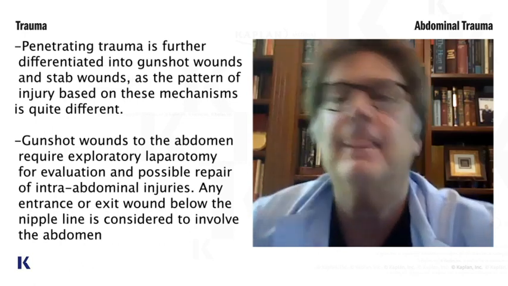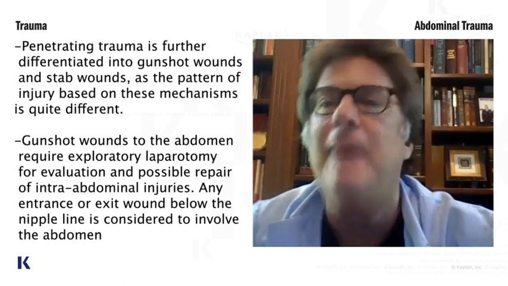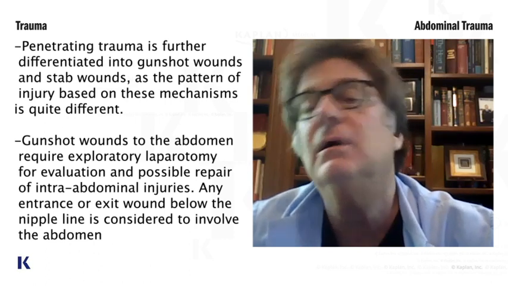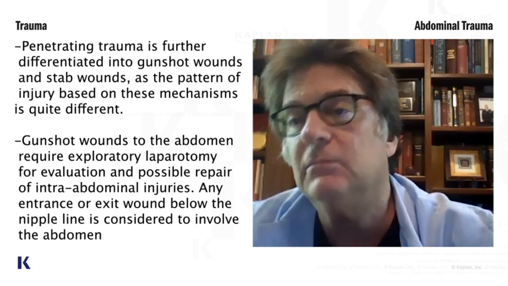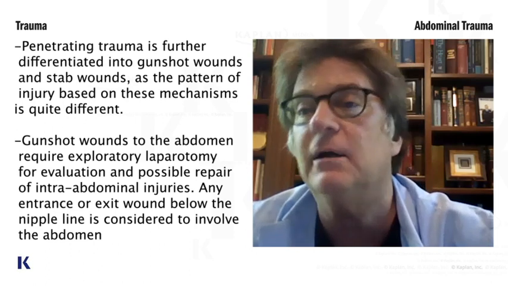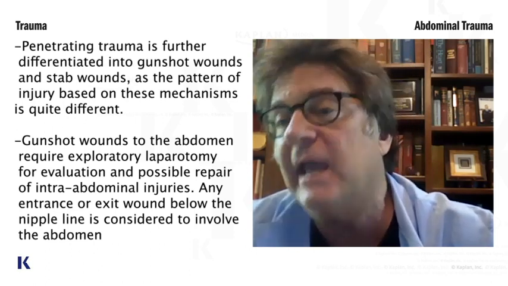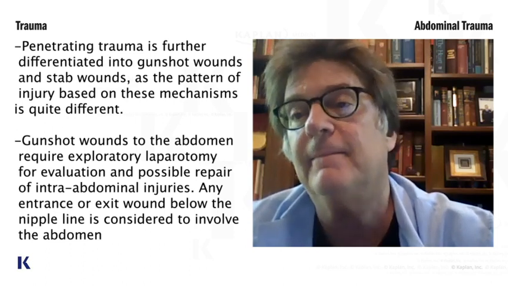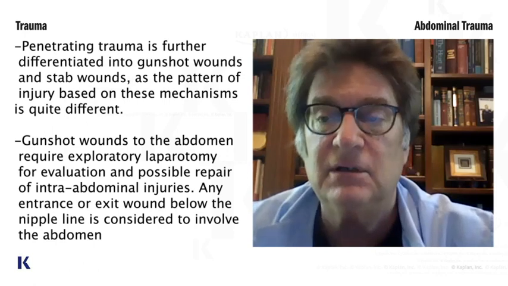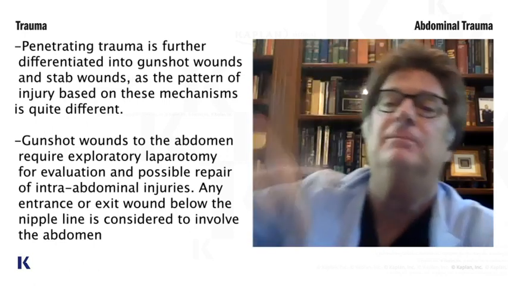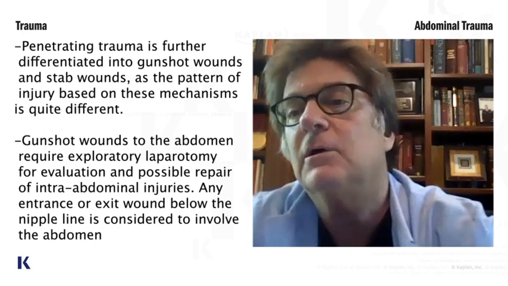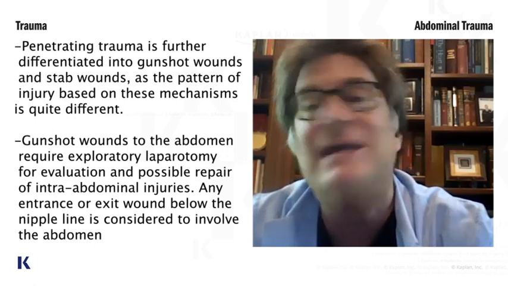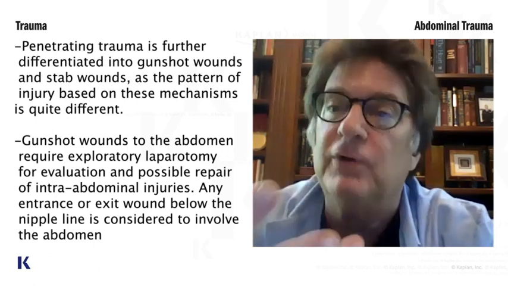Well, guys, the ballistics now of modern ammunition is not just one of caliber, like the Dirty Harry movies where you had a big caliber 44 Magnum, but it's velocity. And it's the velocity where it makes the bullet go around in a lot of different areas, which causes trouble. And you can't tell until you operate where that is.